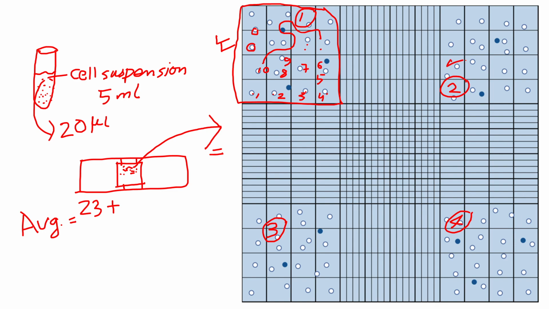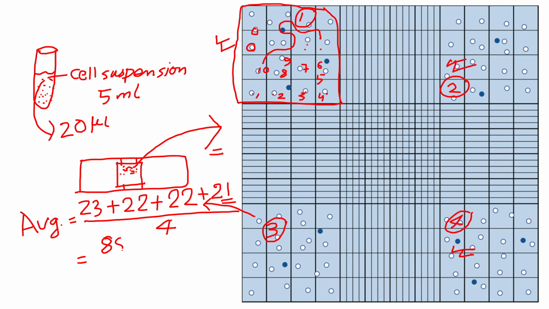Similarly, if you count the cells over here, you may find 22, then 22 in the third quadrant, and in the fourth quadrant, let's suppose the number of cells is 21. Now you divide the total by 4 and find the average number of cells. So what is the average number of cells here? You find that 22 is the average number of cells.